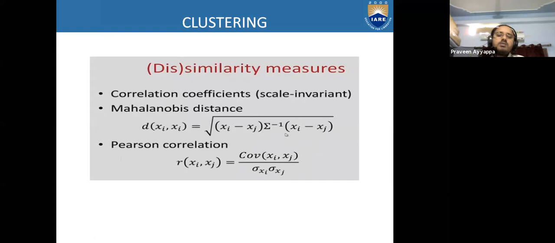About this Mahalanobis distance and Pearson correlation, where exactly we are going to use them, in which particular algorithms, I will explain these similarity measures at that point of time in detail, because there is no meaning in explaining these things in advance. Okay, so next, this is the Pearson correlation formula given here.